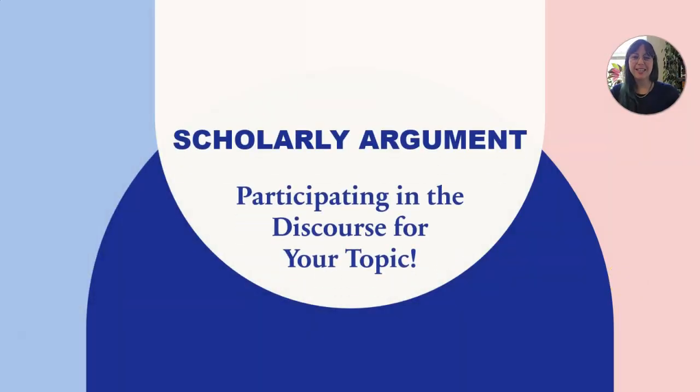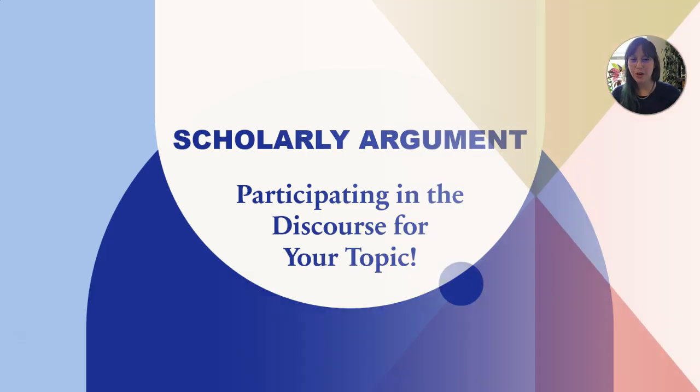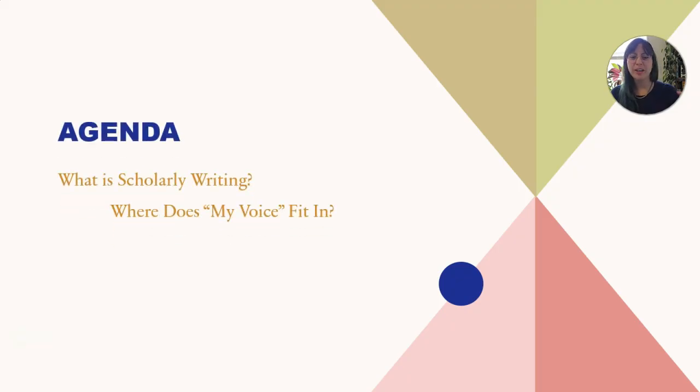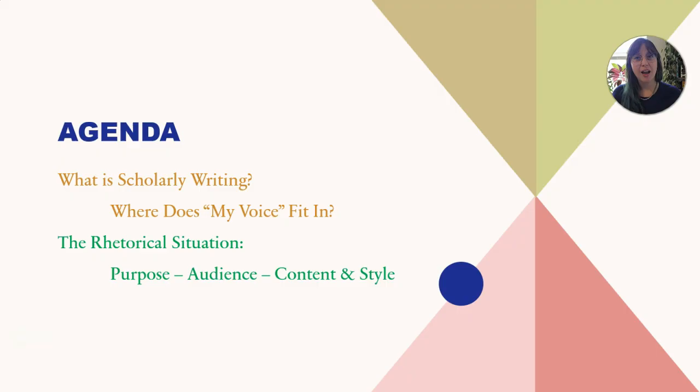All right, today's lesson is about scholarly arguments, participating in the discourse for your topic. During this presentation, we are going to look at what is scholarly writing and where does my voice fit into this. Recalling that rhetorical situation, the relationship between the purpose, the audience, your content and style.